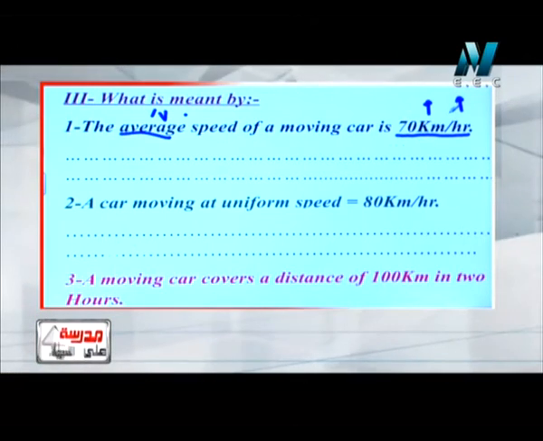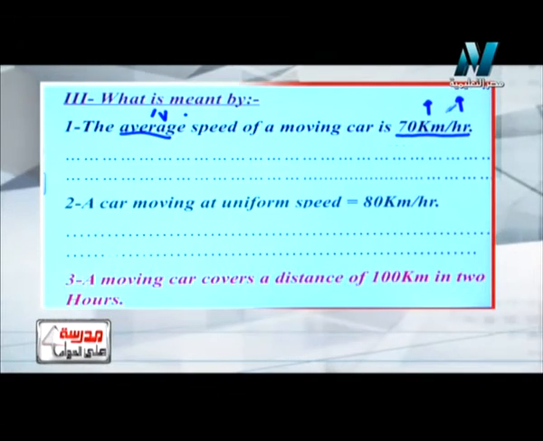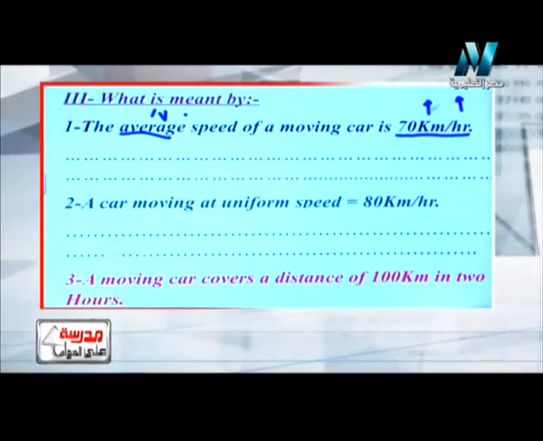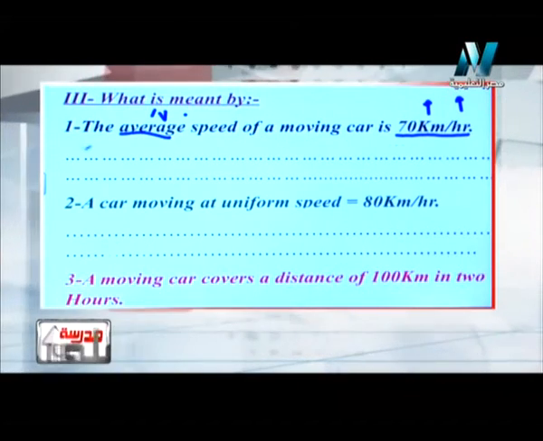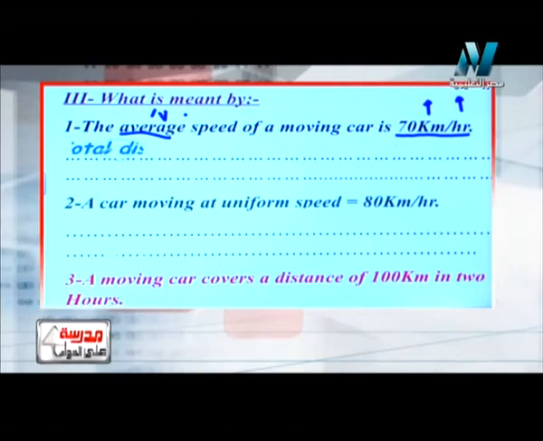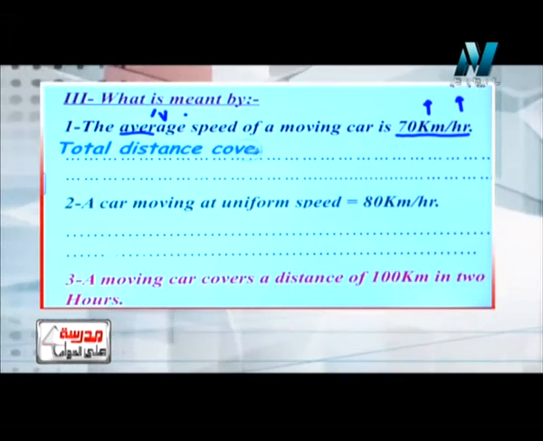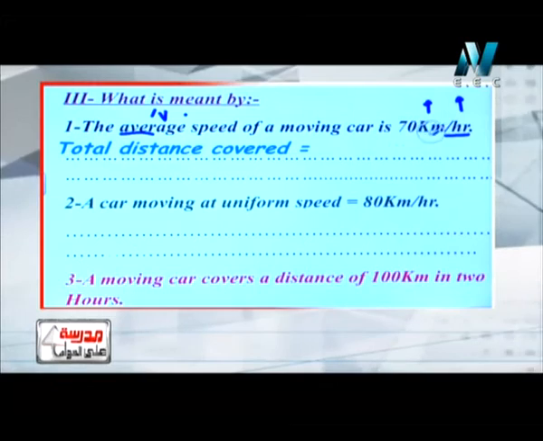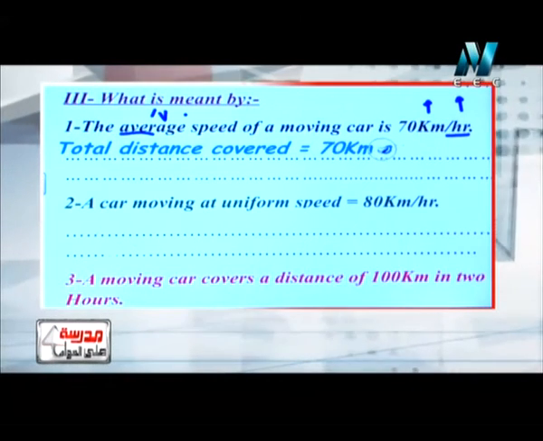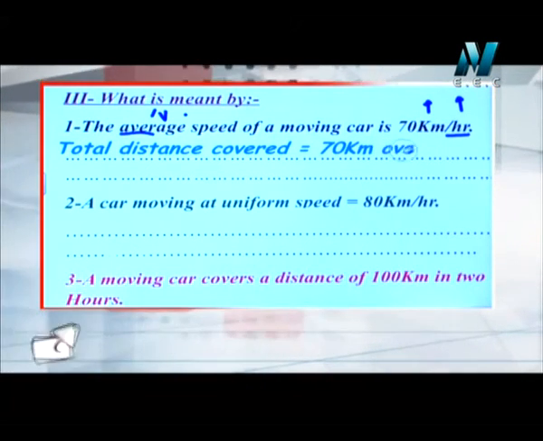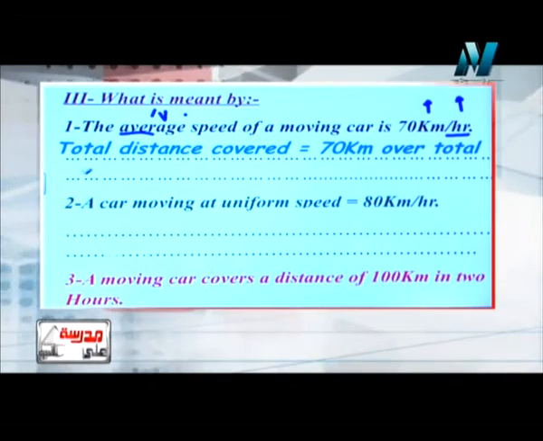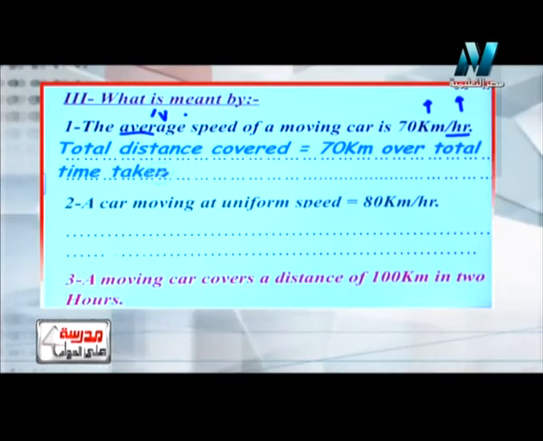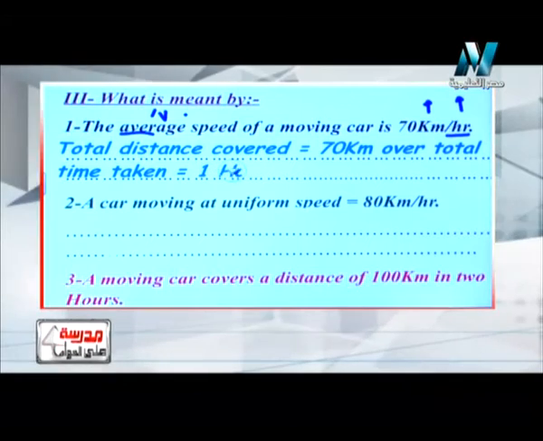So we can define from the number according to average speed. I will say average speed equals total distance covered. Equal how many? Here we have the number 70 kilometers. So it equals 70 kilometers over total time taken. Equal how many? Equal 1 hour.